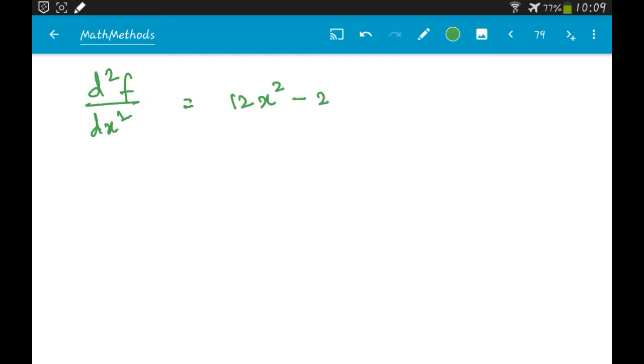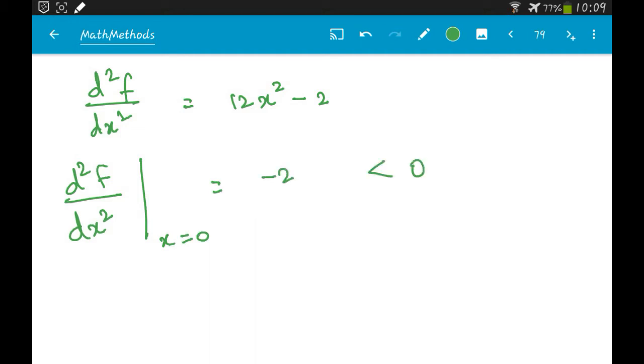So this at x equal to 0 is going to give you minus 2, which is less than 0.